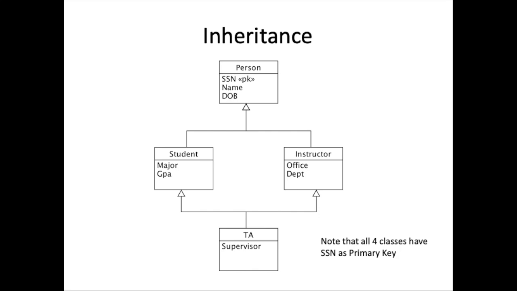So we've got students and instructors that inherit from person. And maybe we have TAs that have the characteristics of both students and instructors. So TA inherits all the attributes of students and all the attributes of instructors, and maybe also has a supervisor that we were going to record.